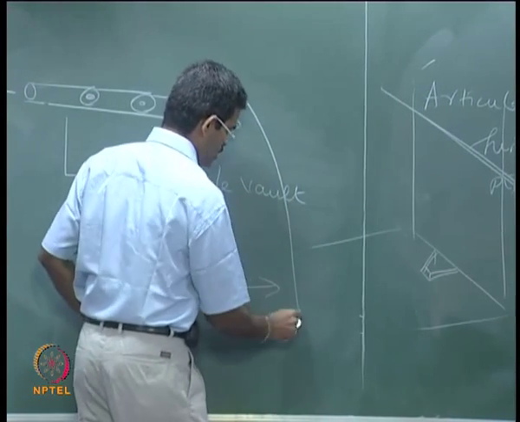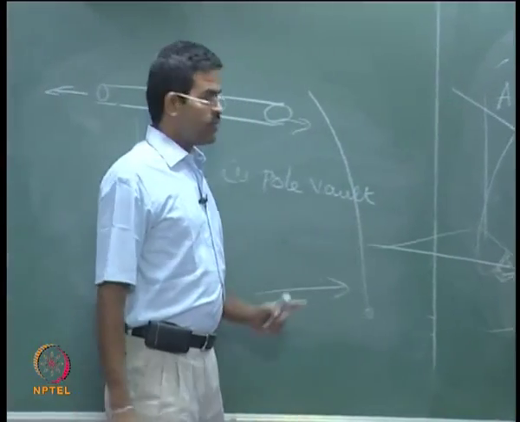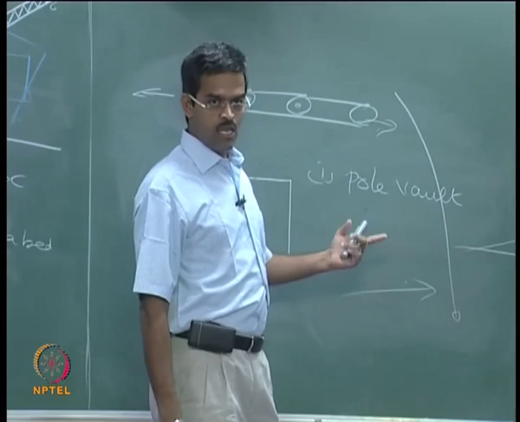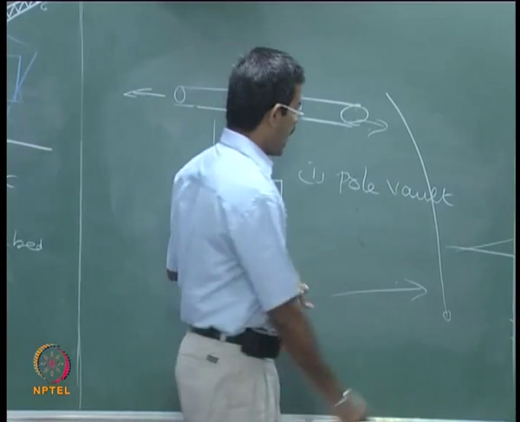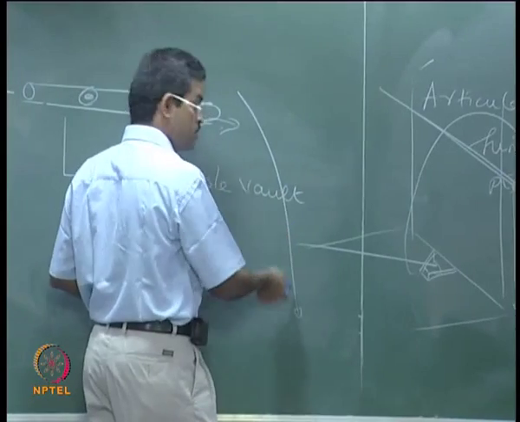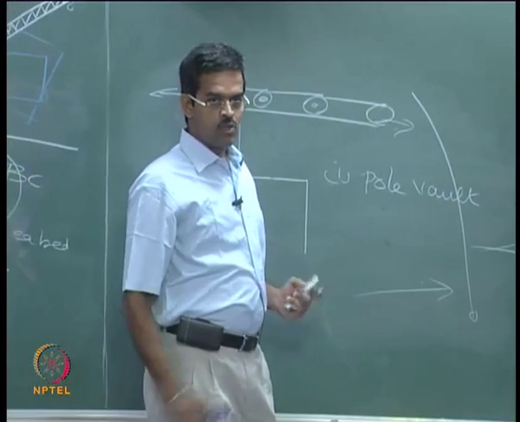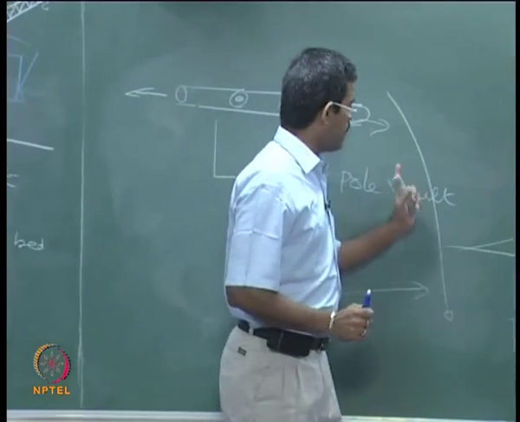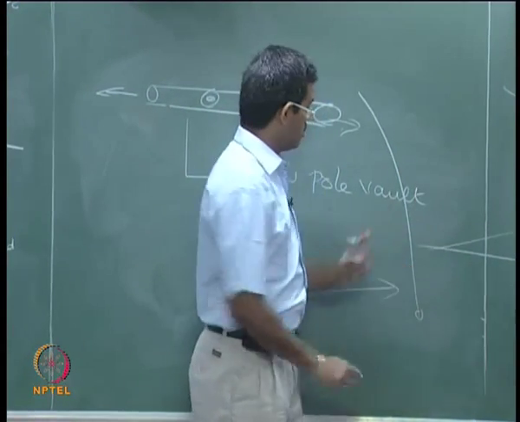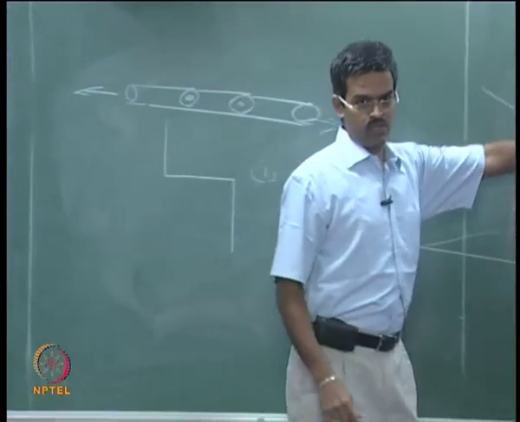He comes and punches this tip in the pit here, jumps and falls. If you have seen this video any time during any Asian games etc., you will see as the man goes higher and higher, this pole vault keeps on bending. So, there has to be a balance between the body weight of the sports person with respect to the self weight of the stick, which will enable him to push down on the other side.